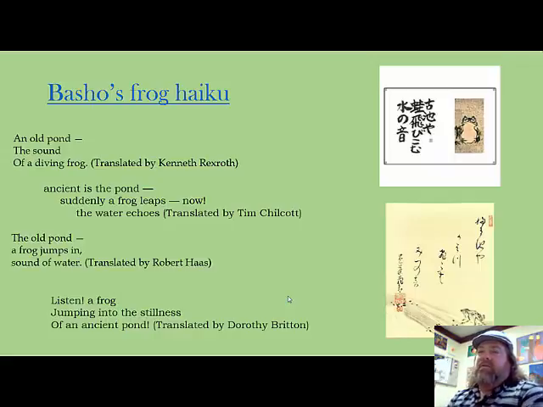If you click the link, you can actually find over 30 different translations of the same short poem, and you'll see on the screen the same poem written for us with illustrations. But you'll notice that the gist of the poem is that one moment of the frog jumping into the water and an emphasis on the sound of the water as the frog jumps in.